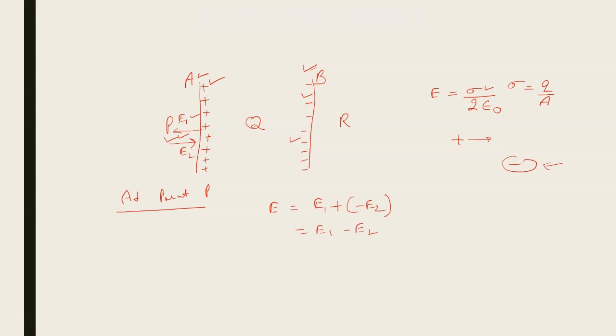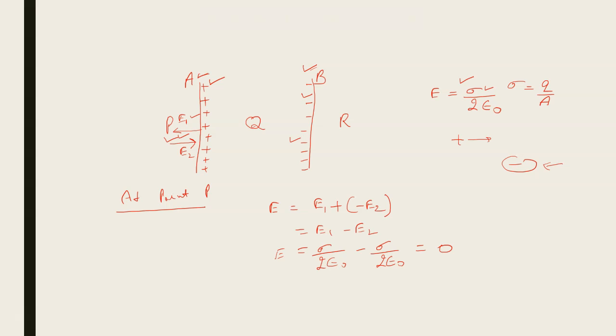If due to a single sheet the electric field is sigma by 2 epsilon naught, E1 will be sigma by 2 epsilon naught and E2 will be sigma by 2 epsilon naught, so the resultant electric field will be 0. This is at point P.